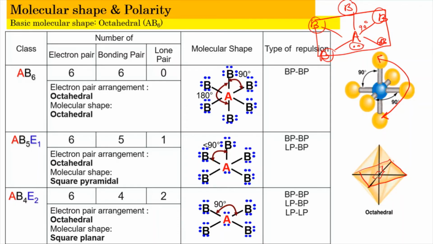So once you do that, what you're gonna get is like a pyramid. B, B, B, B, and then you have A at the center, right? Dalam satu kertas yang sama, and then you have another B at the top or at the bottom, doesn't matter, you can choose. And then what you're gonna get lastly is almost like a pyramid shape.